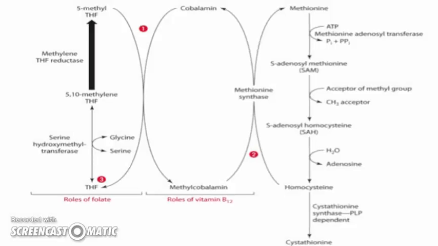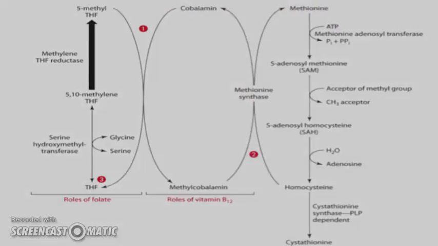The next step of the process is going to involve a reaction between the methylcobalamin and homocysteine. So methylcobalamin and homocysteine will then interact. It requires the activity of methionine synthase, and from there our products will be methionine and cobalamin.